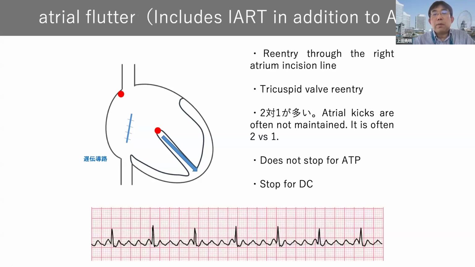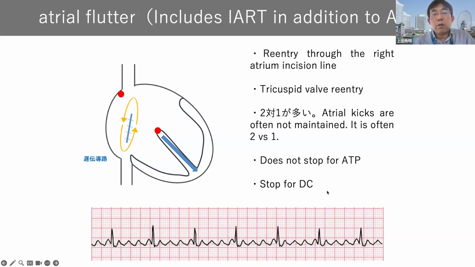Reentry through the right atrial incision line can also happen, and tricuspid valve reentry will be possible. Atrial cases are often not maintained, and it does not respond to ATP, but only reacts to DC.